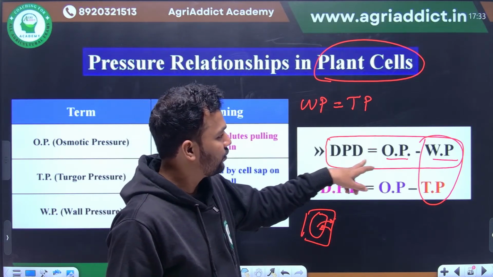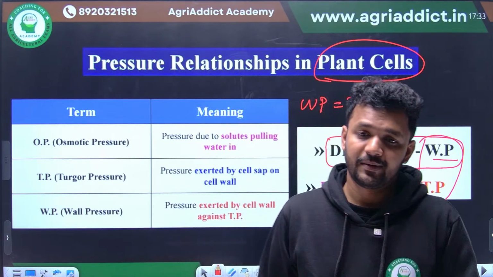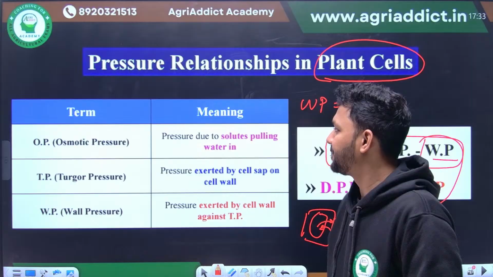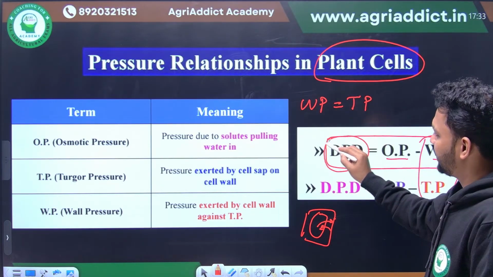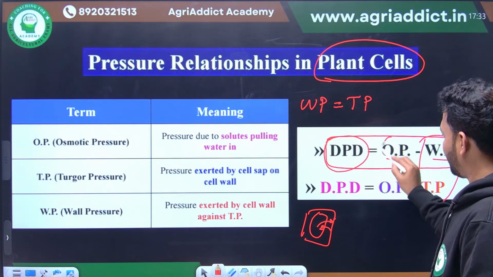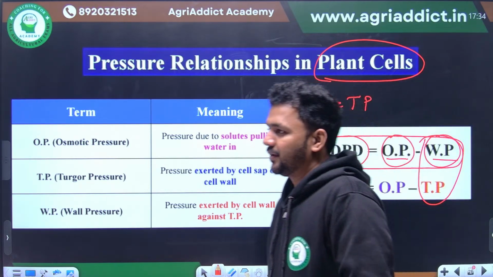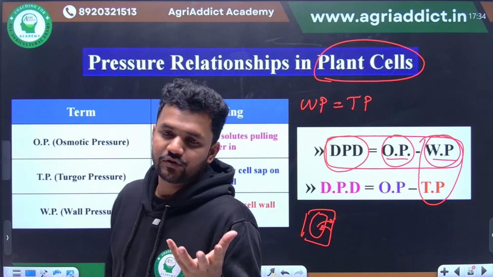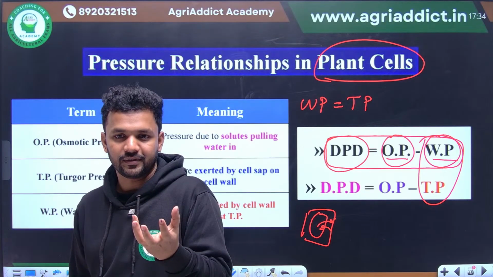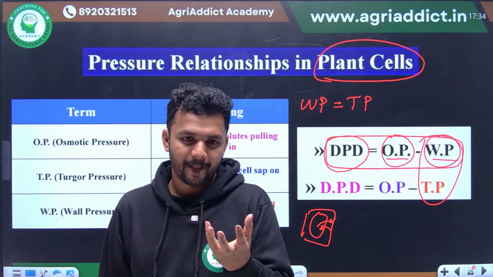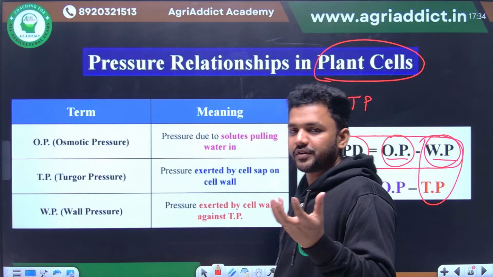Then DPD is equal to osmotic pressure minus wall pressure. Diffusion pressure deficit also depends on the solute concentration, right?